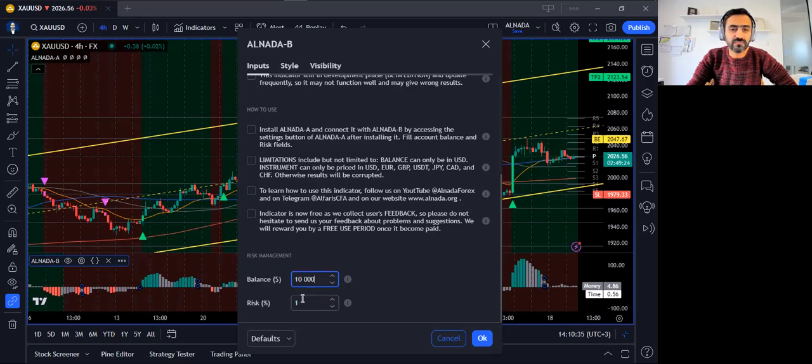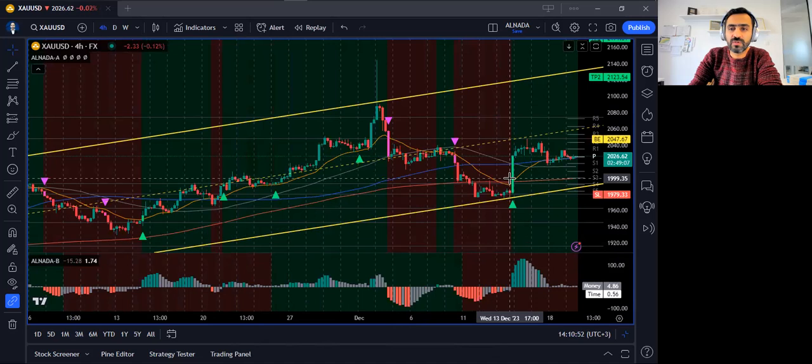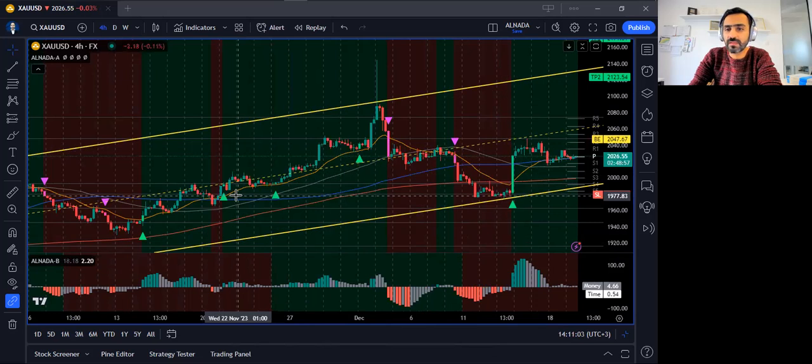I recommend you not to exceed 1%, especially for beginners. So in all trades, the stop loss is fixed in dollar amount: $100 here, $100 here, $100 here, etc. for all trades.